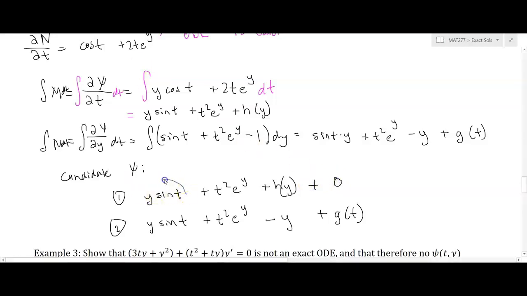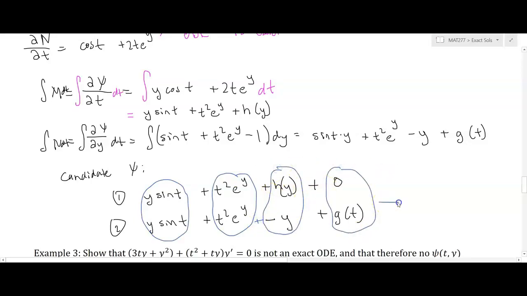And again, I can circle these and say those match. Those match. And those match right there, which leads me to the conclusion that psi of t comma y is equal to y sine t plus t squared e to the y.